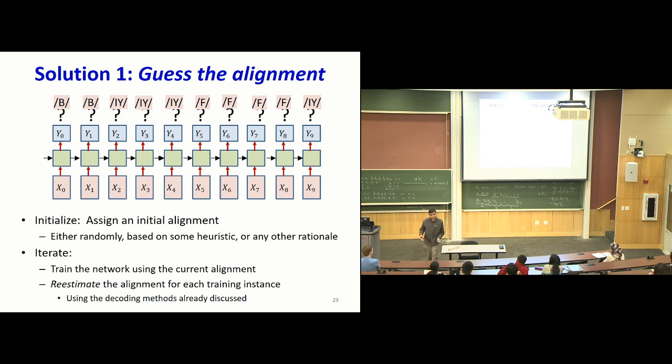And then once I've trained a model, I can go back and redetermine when the symbols must have been output, right? And then I have a new guess. And so then I can use the new guess of the time alignment and then retrain my model. Did I lose you? Does that make sense?